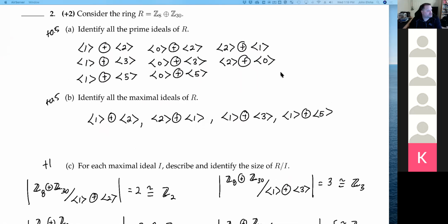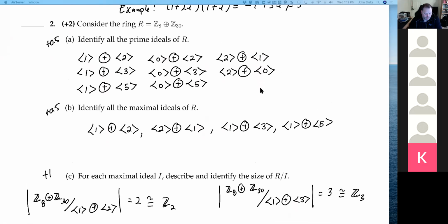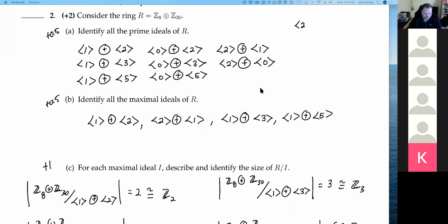Why is 2 plus 2 not prime? So if you're generating 2 in Z8, that would be 0, 2, 4, 6. In Z30, this would be 0, 2, 4, all the way up to 28.